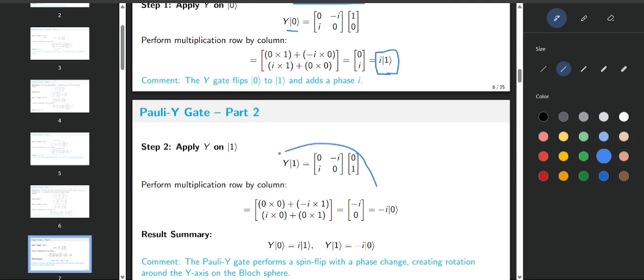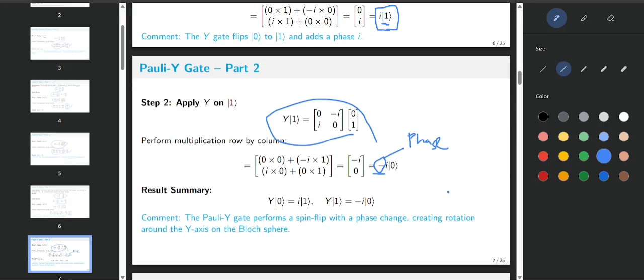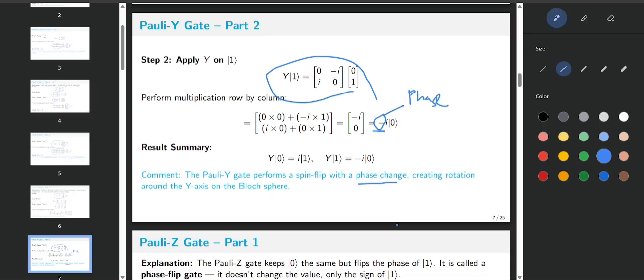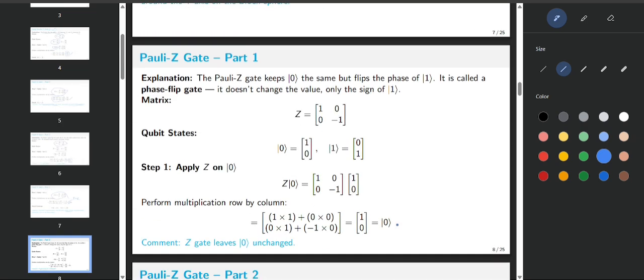Whereas if you apply Y to ket 1, you get minus i times ket 0. Here it is flipping but with no minus, but here it is adding a minus. This minus we call a phase in quantum. So some phase change will happen when you apply the Pauli-Y gate to ket 1.